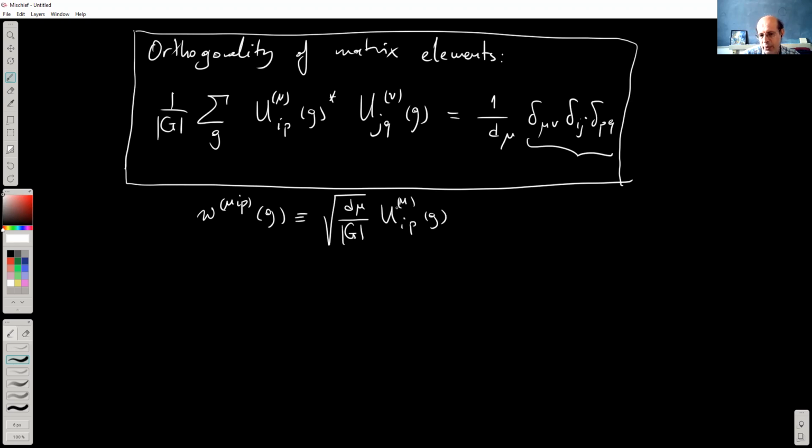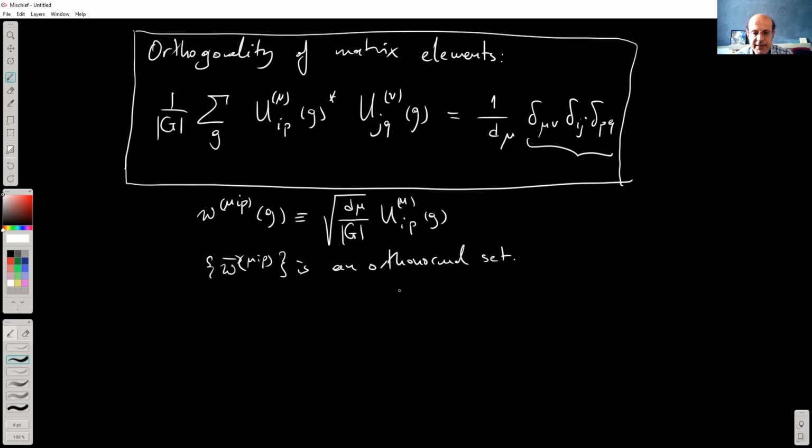So basically, for every representation and matrix element, we just define this. This then gives us some kind of a vector. And then we have said that this W mu IP is an orthonormal set. I can just show that it's an orthonormal set.